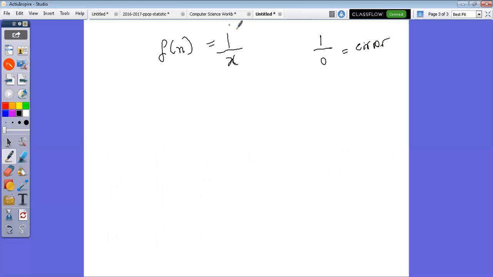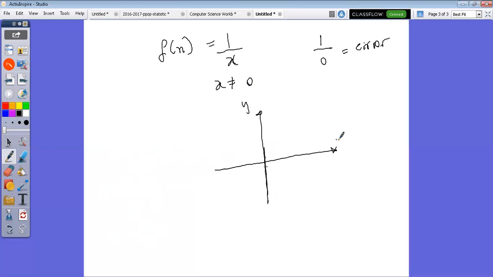So it means such a graph has got an asymptote, because we're saying x is not equal to what? x should never be equal to 0. So what it means graphically is that this graph can never touch what? The y-axis, the line x is equal to 0.